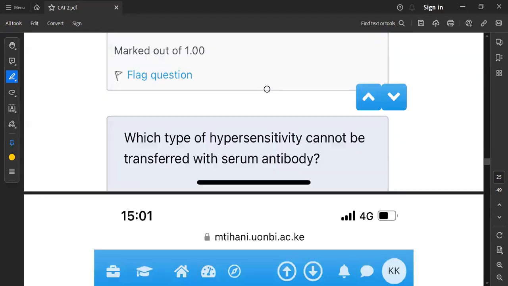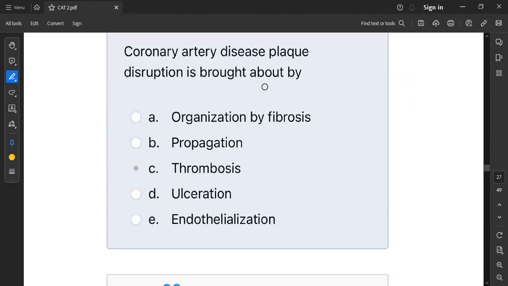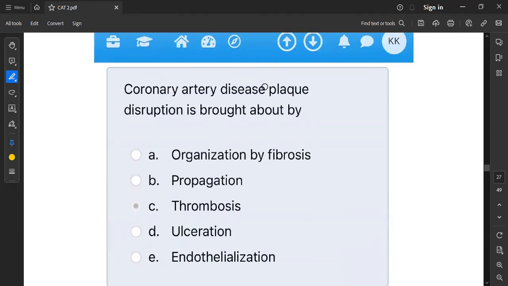It will be number 51. Coronary artery disease, plaque disruption is brought about by. Okay, so remember we said when you have coronary arterial disease, here is where you have constriction of the arteries due to buildup or accumulation of fat or cholesterol inside the blood vessel walls, right?